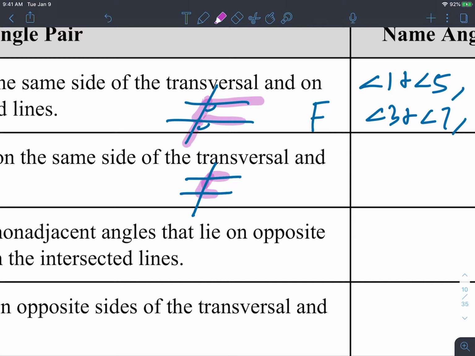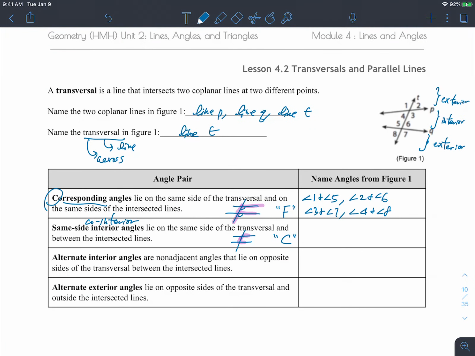It creates a C shape, doesn't it? That's the shape of the C. If that's the case, what are the angles it creates? What are the angles that could be represented in figure 1? If you said angle 4 and 5, you're absolutely right. And how about angle 3 and 6? So it creates a C shape this way, right? And the backwards C shape right there.